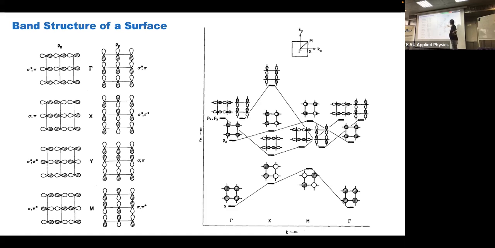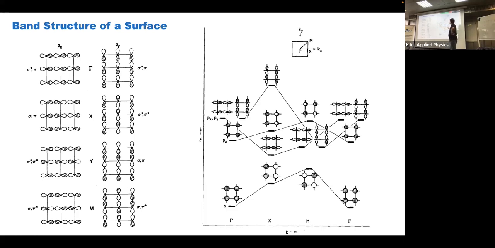So we'll have another bond. In this case px and py are almost the same in this representation. Px and py, we just turn them. Pz will be different from them, and that's why we have two bonds.